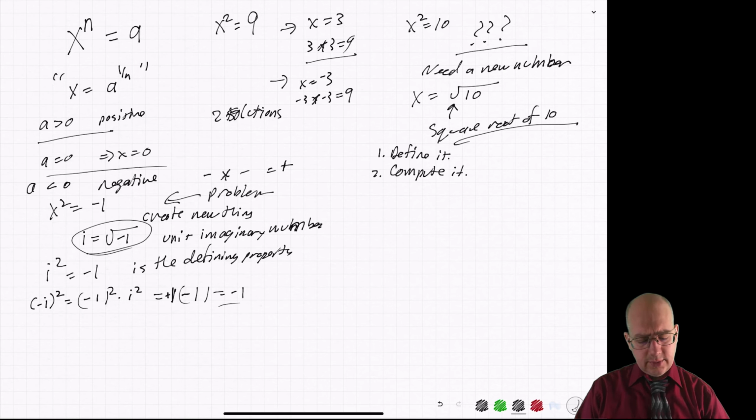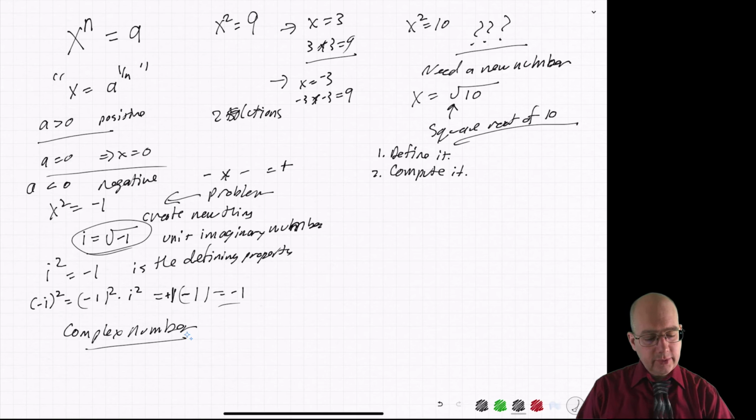And so with these complex numbers, we can write, so we have a complex number. Well, all right, so first of all, when we define these square roots and whatever else, we'll end up defining the real numbers.